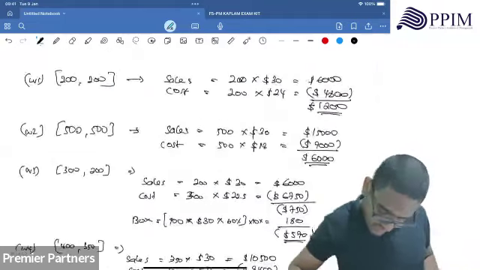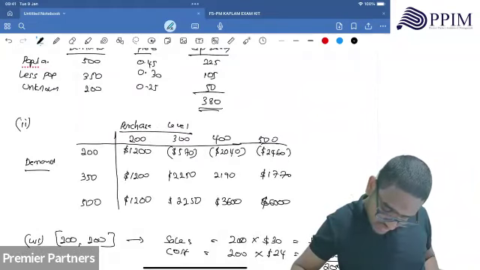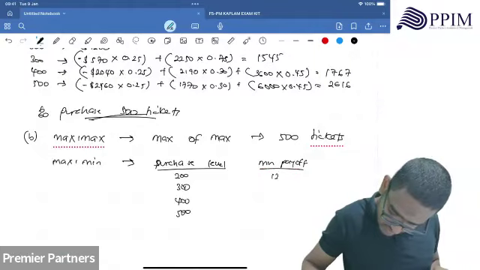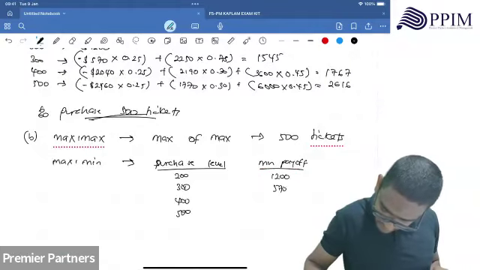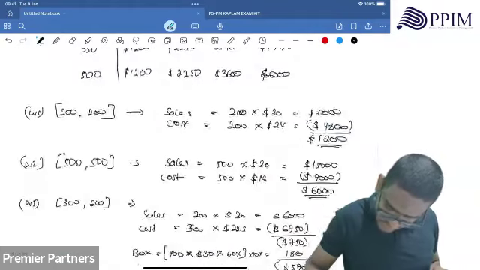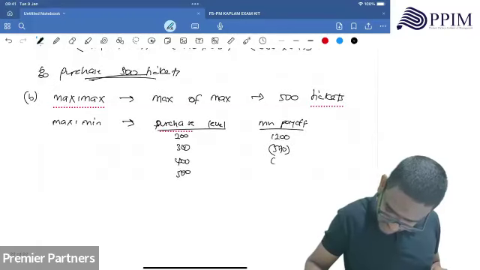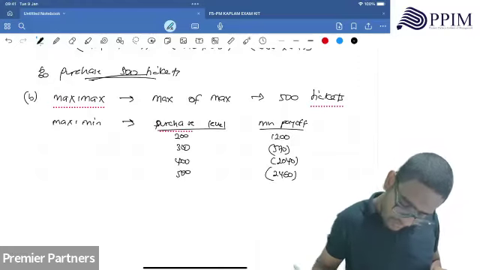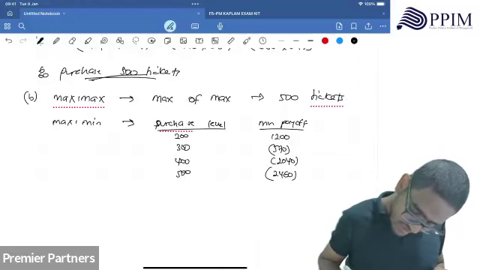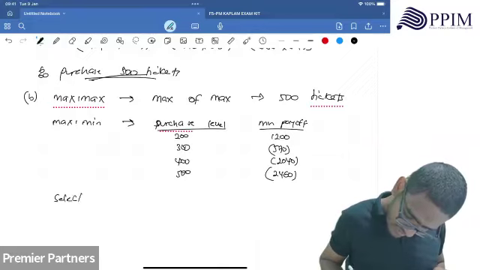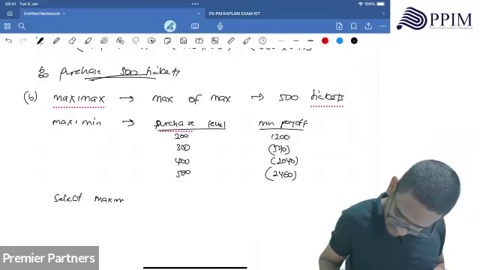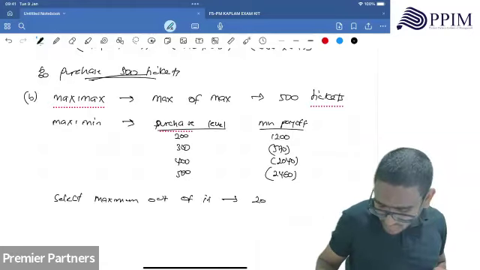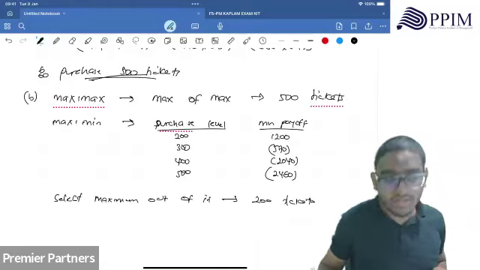What is your minimum payoffs each? 1,200, minus 570, minus 2040 and 2460. Okay. And from this, you will select the maximum. Select maximum out of it, which is 200 tickets.